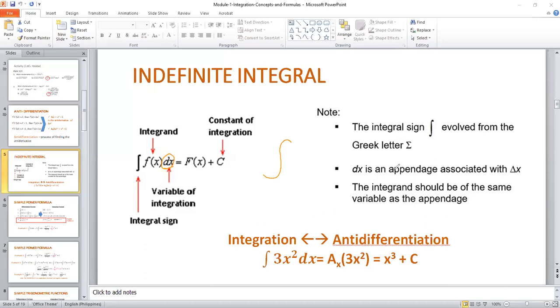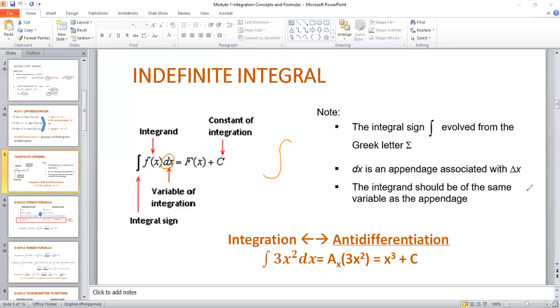Now let's look into the note. The integral sign, this one, evolved from the Greek letter sigma, the summation. So actually it came from the summation symbol. You will know also later why this Greek letter summation was changed to this when we go to the application part. Now the dx is an appendage associated with the delta x, or meaning something representing a change.